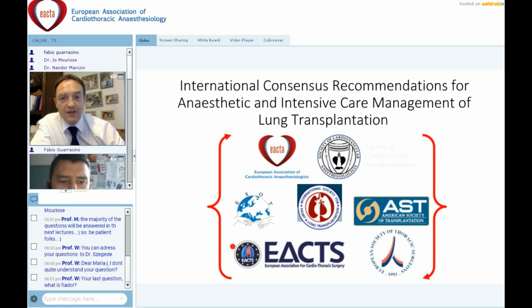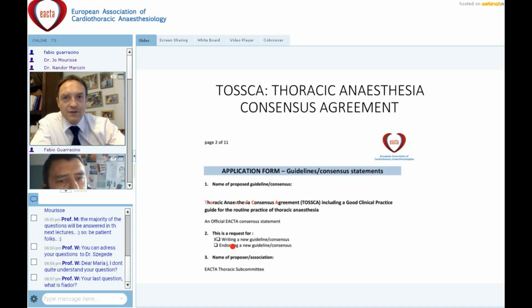And the next activity brings us home to the thoracic subcommittee, which also set out to conduct a consensus project named TOSCA, the thoracic anesthesia consensus agreement. This consensus is aimed at reviewing the current practice and evidence in the field of thoracic anesthesia and arriving at a consensus.